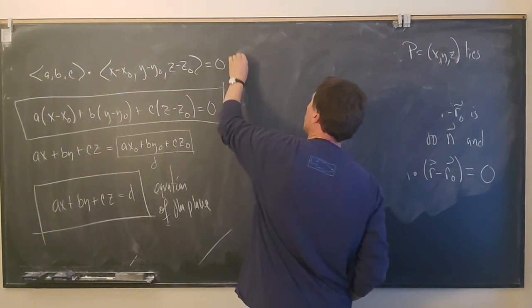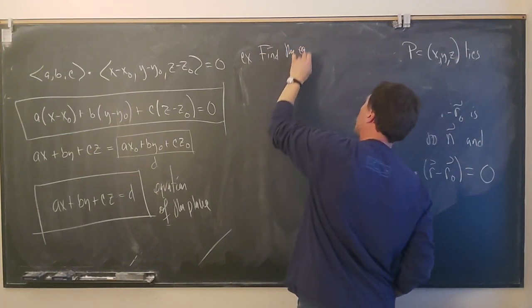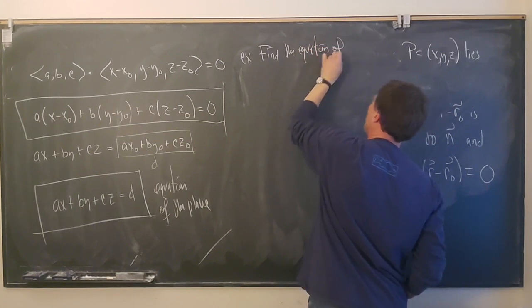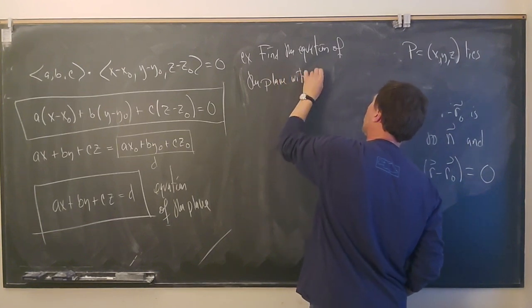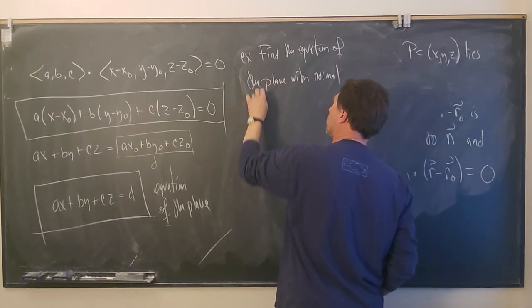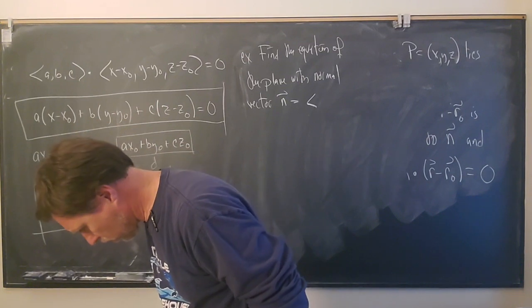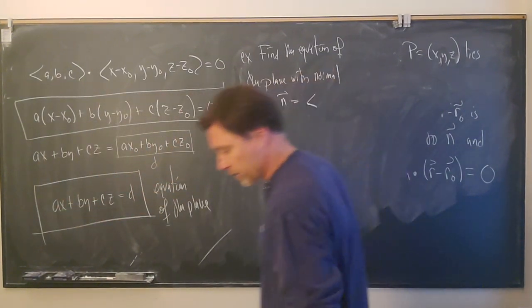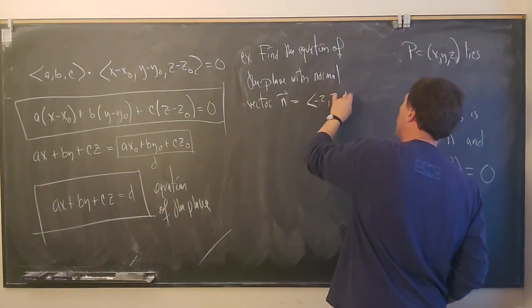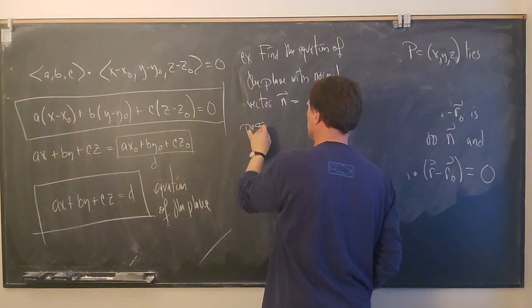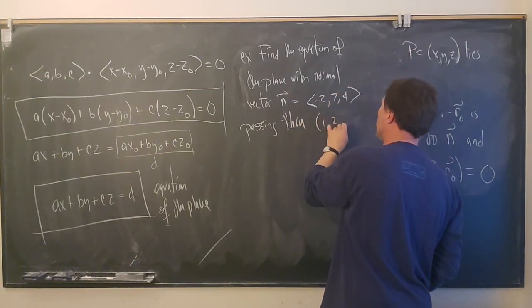So, for example, let's find the equation of the plane with normal vector n equals negative 2, 7, 4, passing through a point 1, 2, 3.